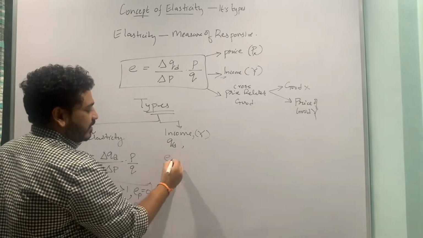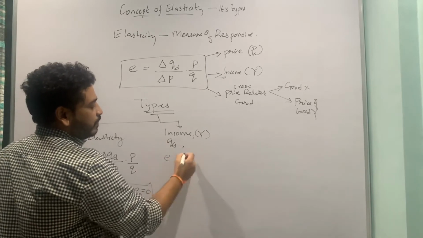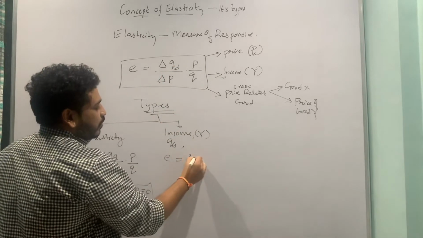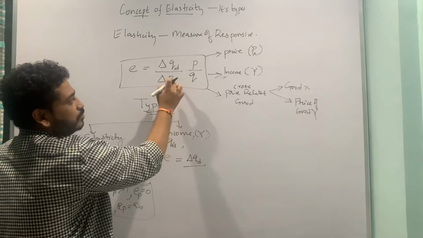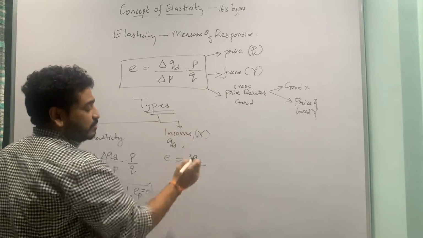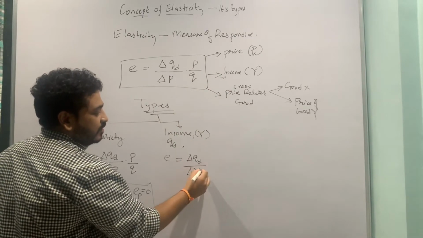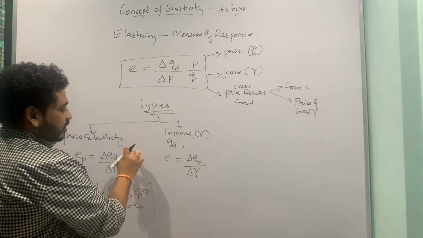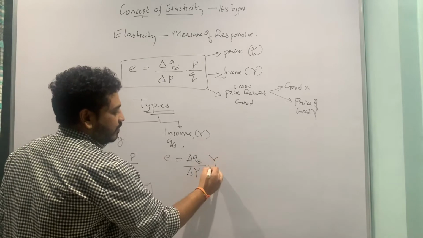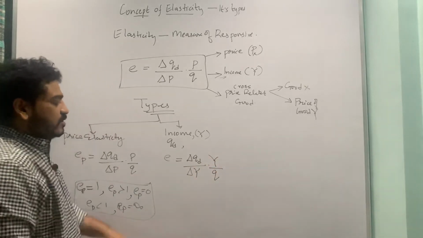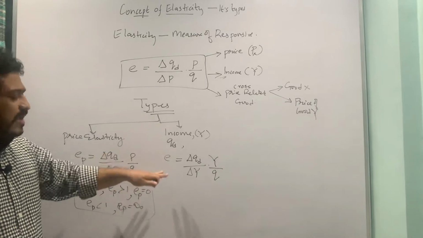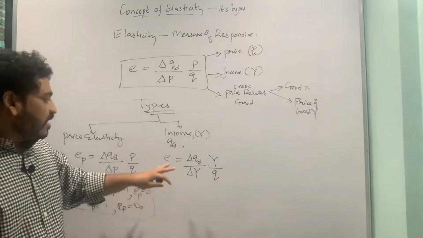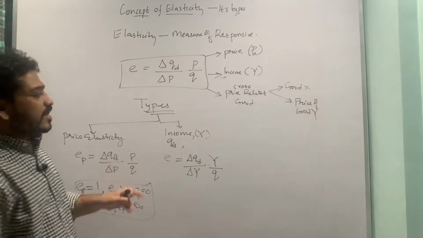It is given by E equal to the usual formula, change in quantity demanded due to change in income, so delta QD by delta Y into, here it was price, here it will be income divided by the quantity. This is the formula for income elasticity of demand. Again, we'll look into the different types of it after I finish price elasticity.